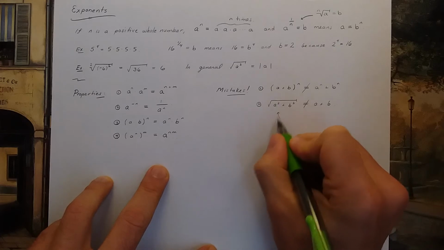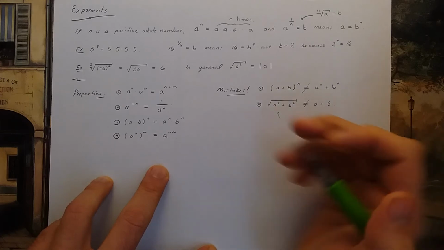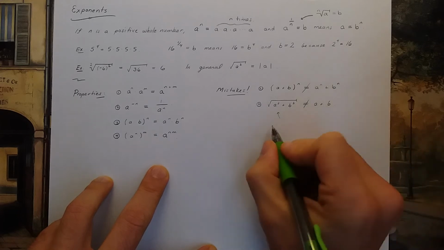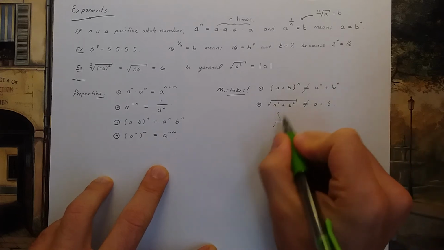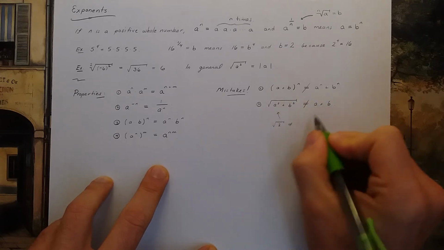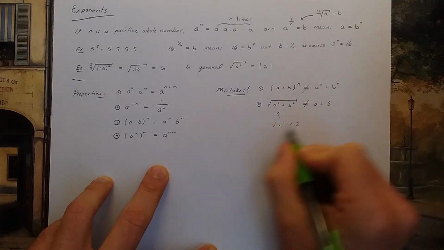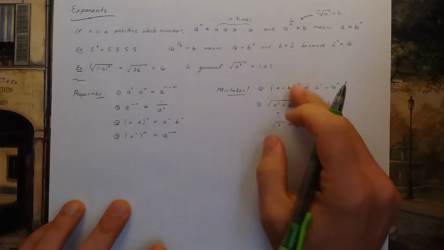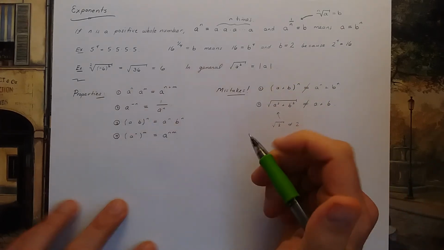So if I plug in a equals 1 and b equals 1, about the simplest numbers I can think of, then I get the square root of 1 plus 1, or the square root of 2. And then if I plug in a and b equals 1, I get 2. So you can see that mistakes are actually mistakes by plugging in values.